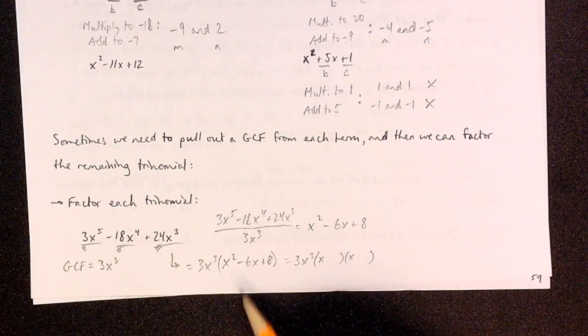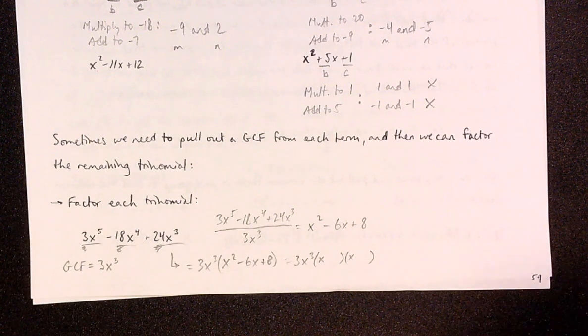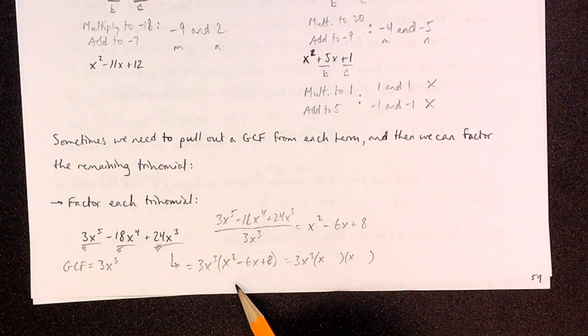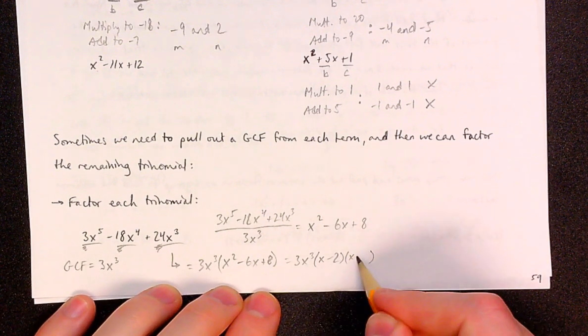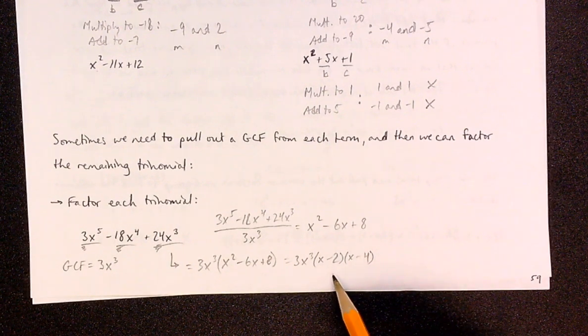If we start to think of numbers that multiply to 8, 1 and 8, 2 and 4, the fact that they add to a negative number means that at least one of those numbers is going to have to be negative, and specifically both of them are going to have to be. So the numbers that work are negative 2 and negative 4. Those numbers multiply to positive 8, and they add to negative 6. So you have 3x cubed times x minus 2 times x minus 4.